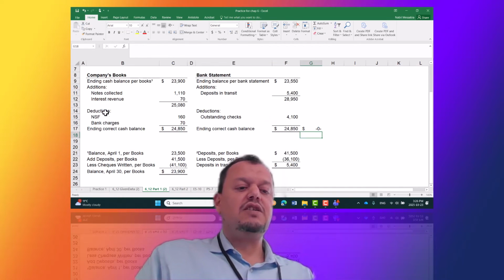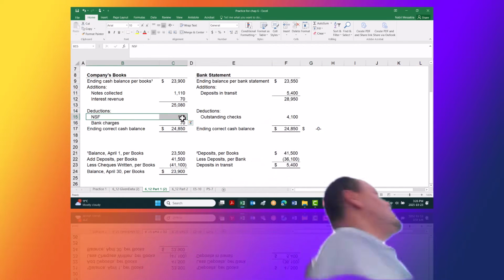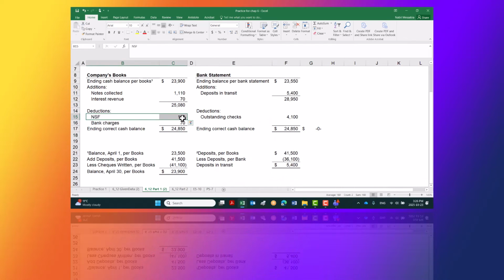Now I need the journal entry to account for the NSF. What do you suggest? The non-sufficient fund. How will you account for this? Okay. Can we rebuild the story of this check? This check that we received from our client, subsequent to what? At some point there was a sale to this client. On that day we credited sales revenue and we debited accounts receivable, right?